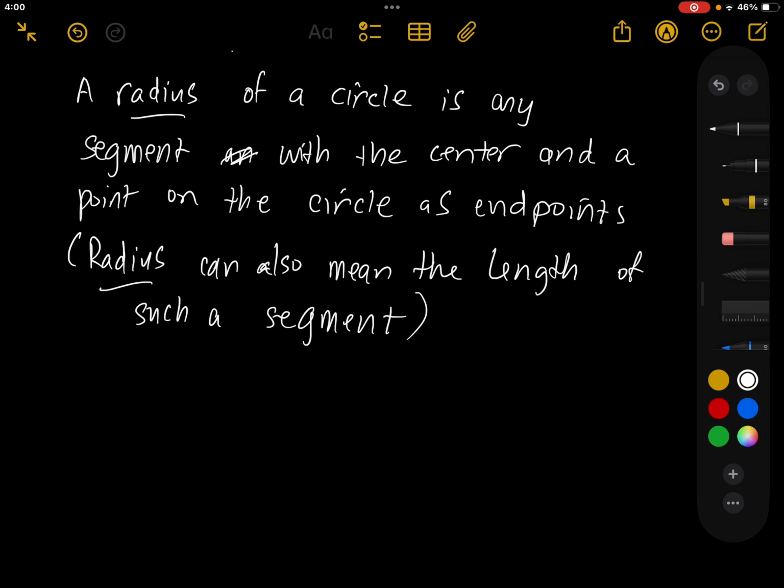Similarly, there are 2 ways to use the word diameter. One way is to refer to a diameter as a line segment.